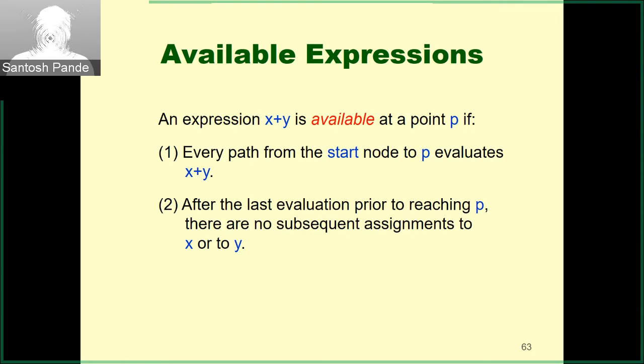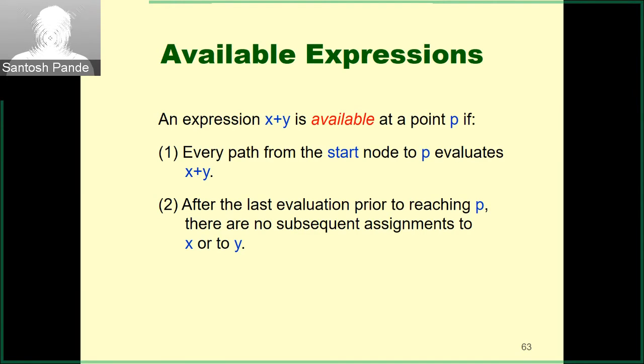What that means is the expression is intact in terms of its value, because the moment you assign to x or to y, and if you were to reevaluate x plus y at P, then the value of x plus y at P will be different than at the last point of evaluation. And to preclude that, we do not have any reassignment to x or to y after this last evaluation of x plus y.